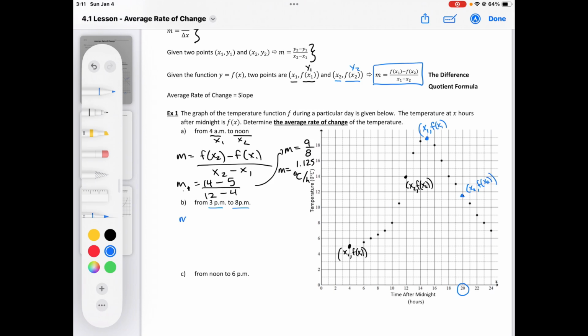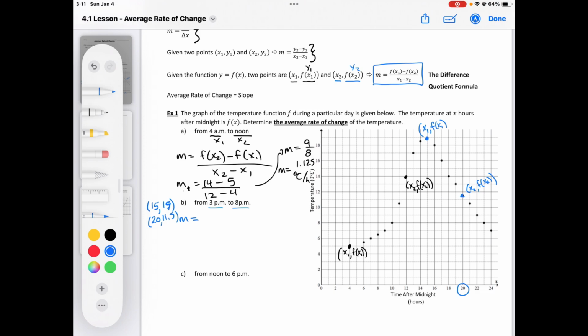And then we're going to substitute into our formula. I'll write these two points on the side this time. Our first one is 15 and 19, and actually 15 happens to be our x value. Our second one is at 20 and 11.5. So those are the values we're substituting in.